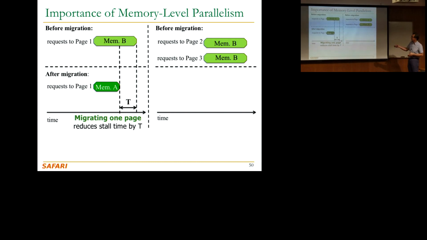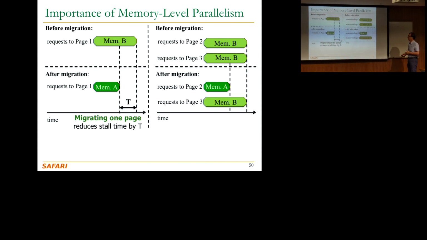Now let's take a look at a case where you have 2 requests concurrently to page 2 and page 3 over here from the same process, from the same core, let's say. If you migrate only one of those pages, memory A, memory B means this is one type of memory, slow memory, and this is fast memory. If page 2 and page 3 are requested by the same application and they're both in slow memory, the application will stall by some amount of time.